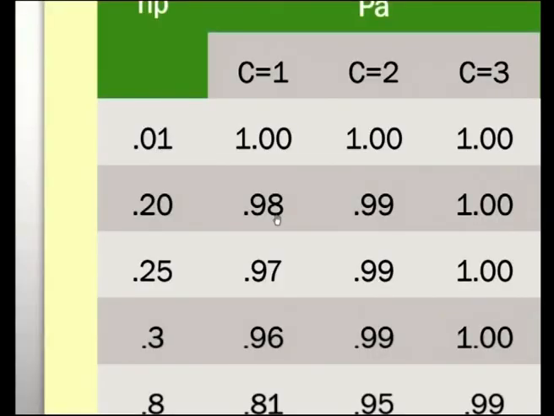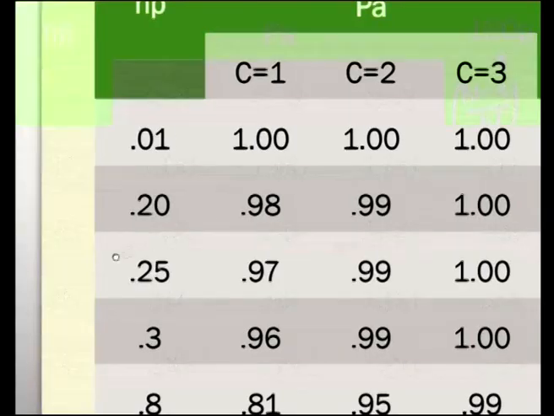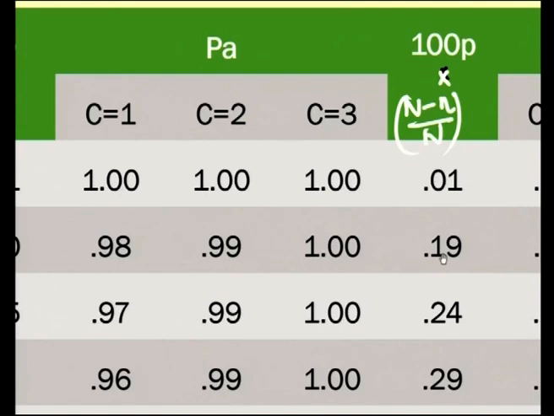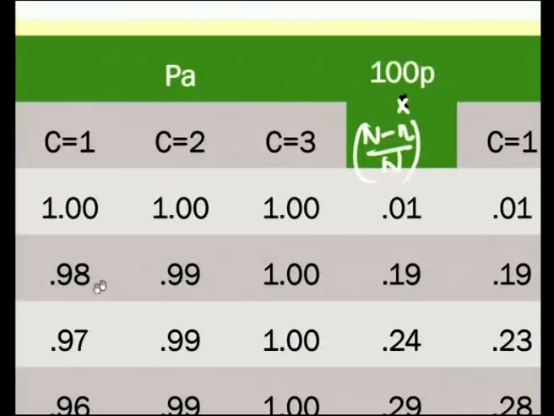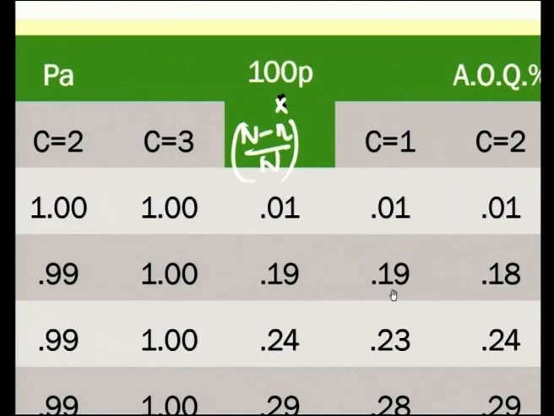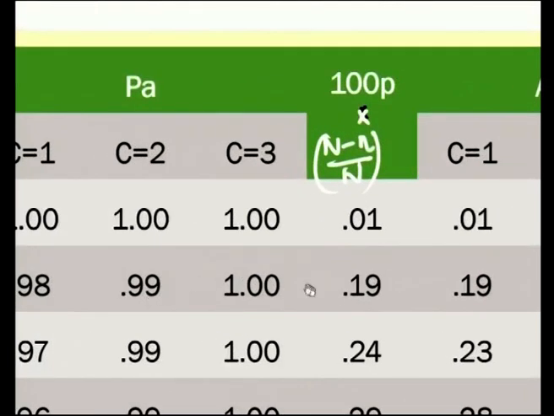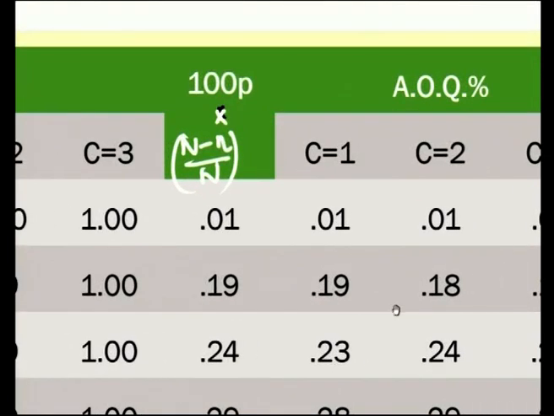Okay. So, the PA value for C is equal to 1 is 0.98 and 100p into capital N minus n by capital N is 0.19 and therefore, 0.98 into 0.19 gives you the value 0.19. Okay. Similarly, 0.99 into 0.19 gives you 0.18.